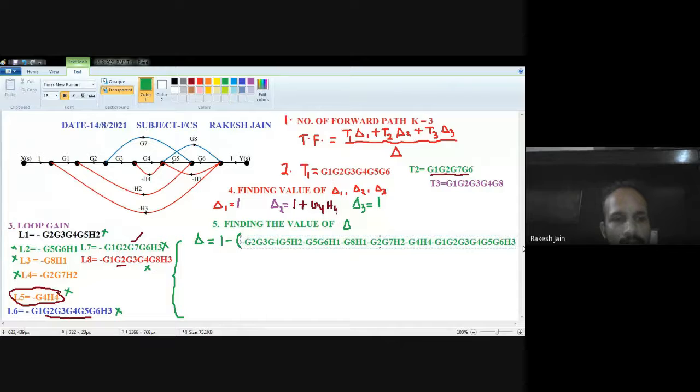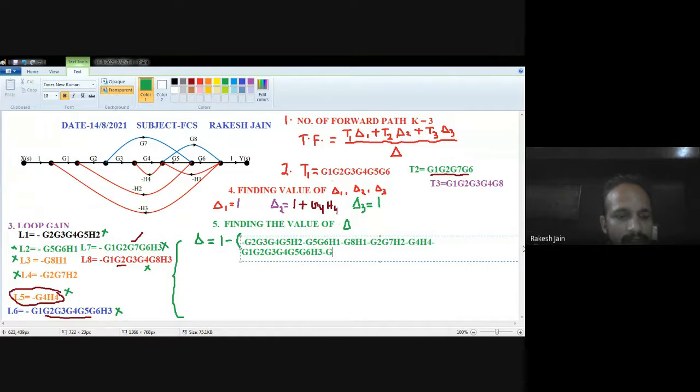Now minus G1 G2 G7 G6 S3, then G1 G2 G3 G4 G8 and S3. Okay, so this is the sum of all those loop gains.